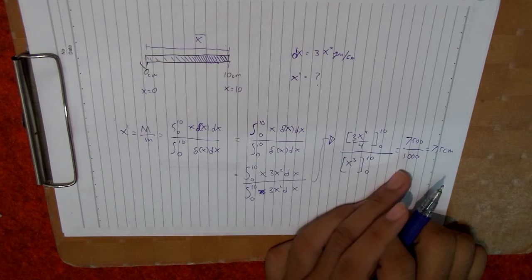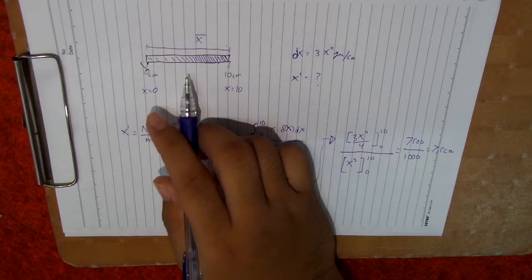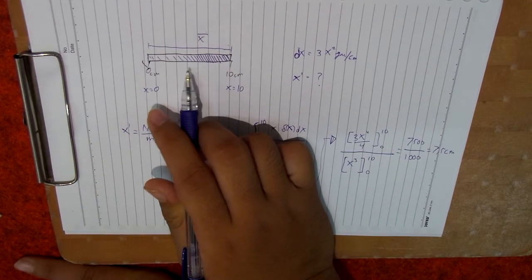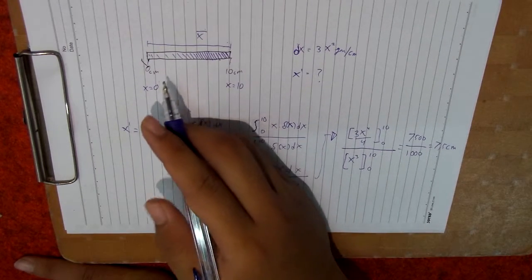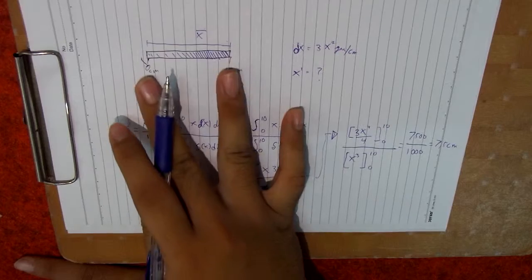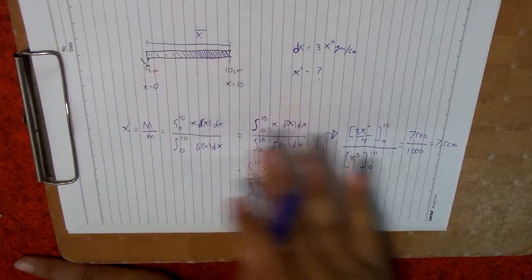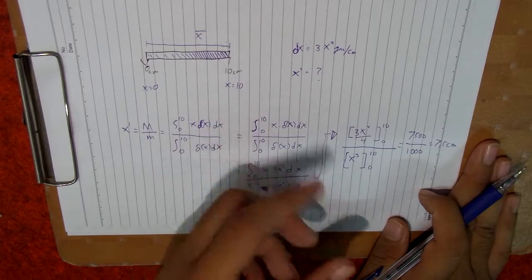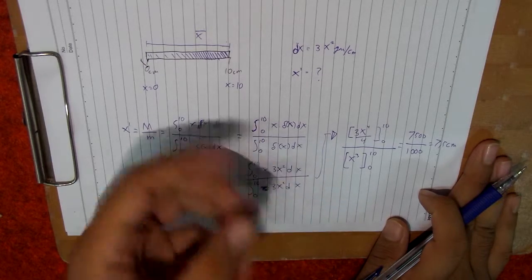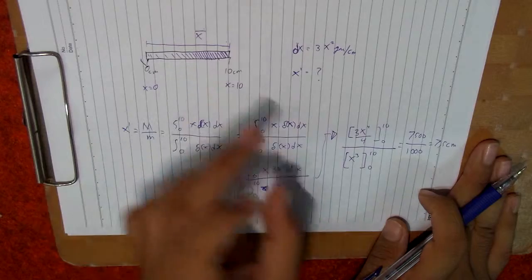From this we know that the center of mass of the wire is 7.5 centimeters. We look back at the picture of the wire. Logically, if there is a different density in the wire, the center of mass is closer to the point that has a higher density.